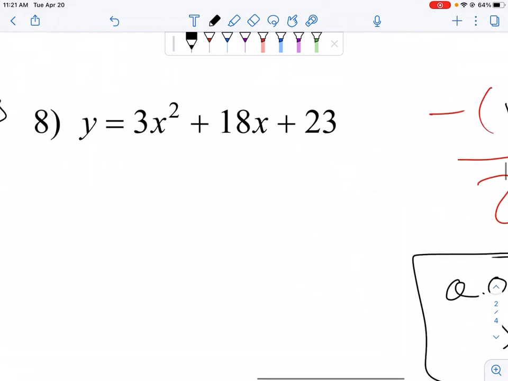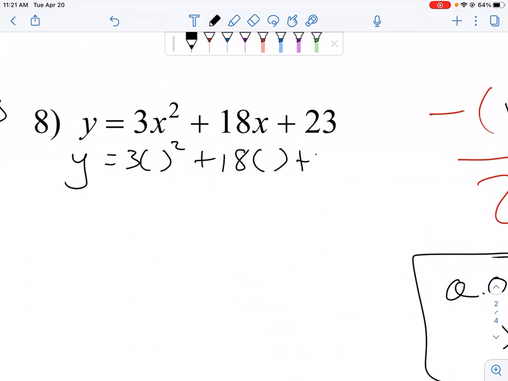I'm going to go in and plug in negative 3 for x. Everywhere I see an x, I'm going to replace it with a negative 3. So negative 3 here, a negative 3 here, and then I'm following my order of operations. This 3 can't multiply yet, so it has to wait outside. It can't play yet.